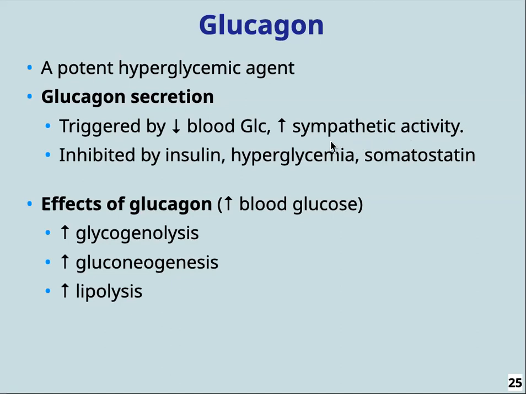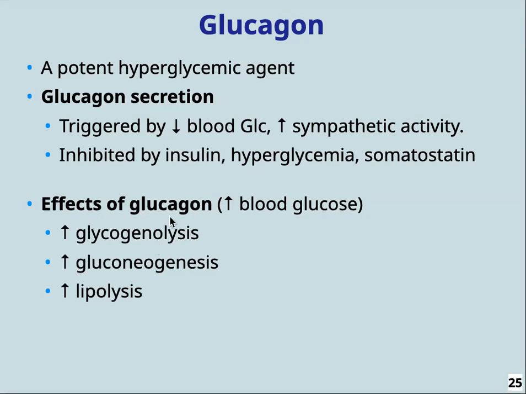So you'll want to have more glucose in your body to supply the vital organs, especially your brain, skeletal muscles, and heart. In those cases, you would want more glucagon to trigger more glucose floating around in your blood. Glucagon release is inhibited by insulin, somatostatin, as well as elevation of glucose in your blood.